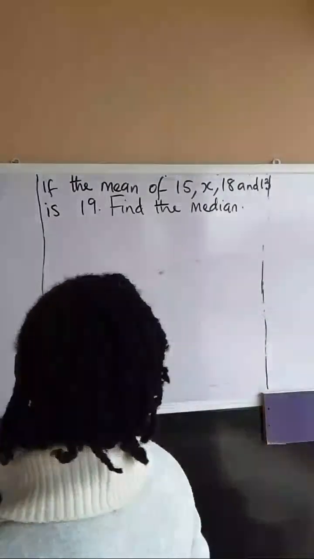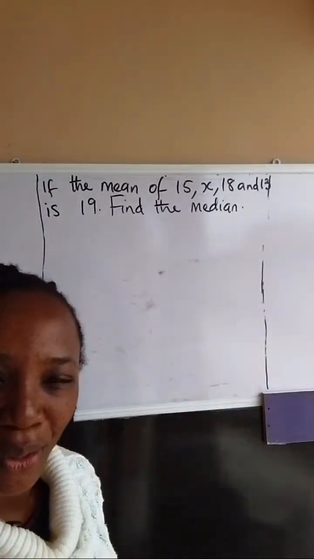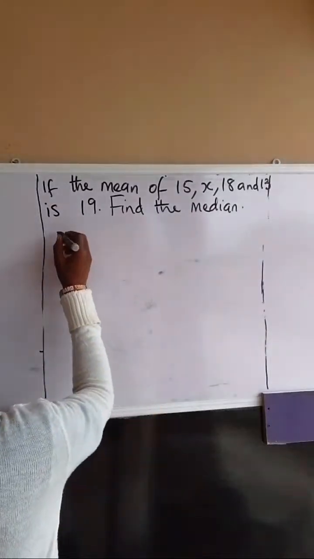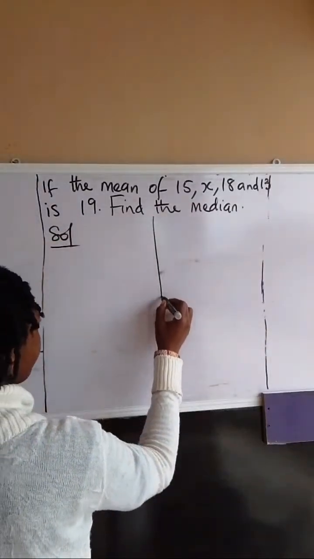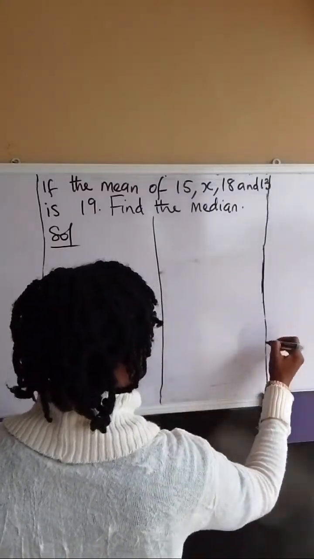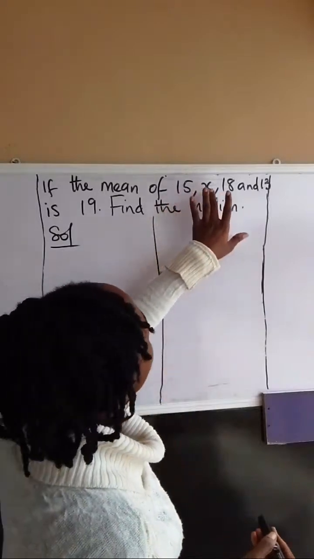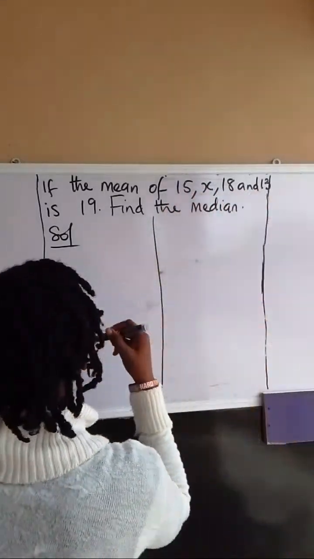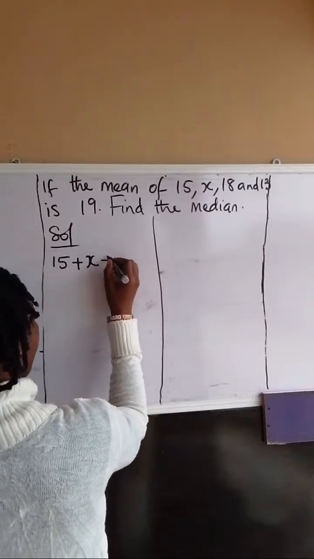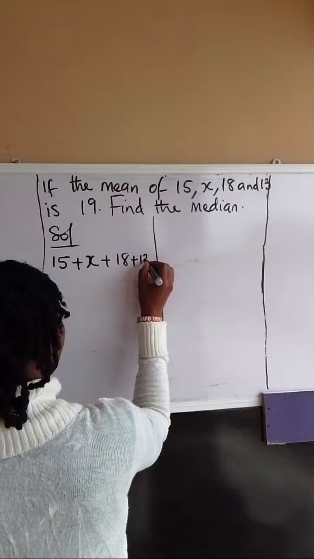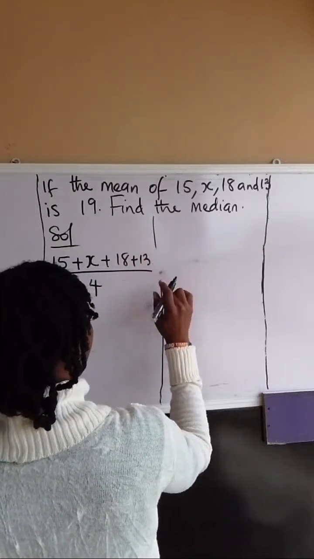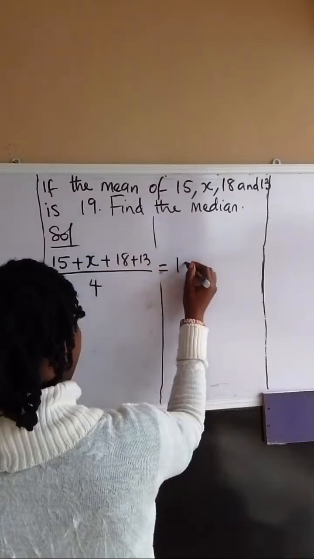Time up. So let's solve it. We have two answers already and they are absolutely correct. So, solution: (15 + 18 + 13 + x) all over 4 is equal to 19.